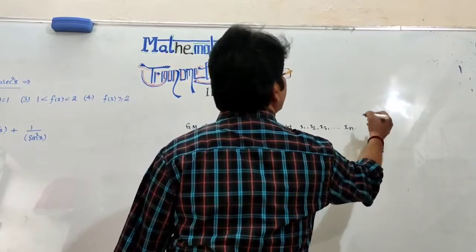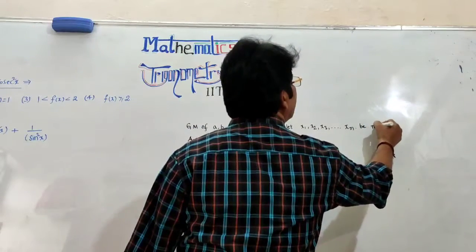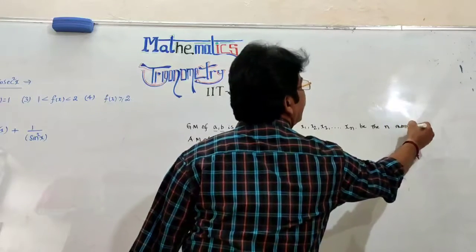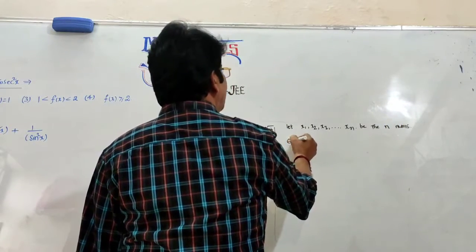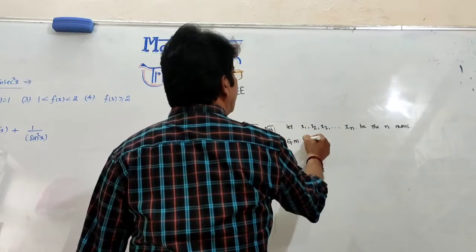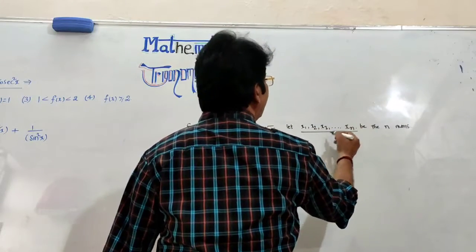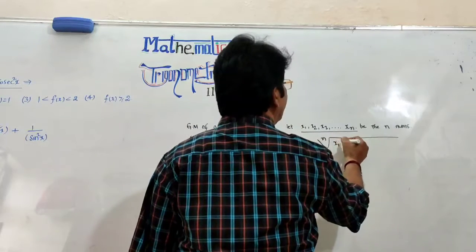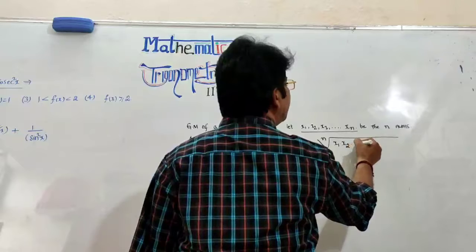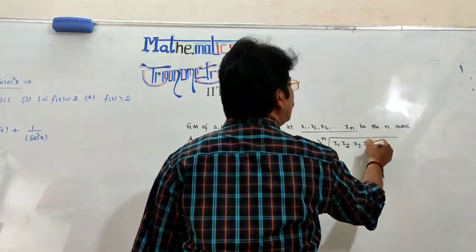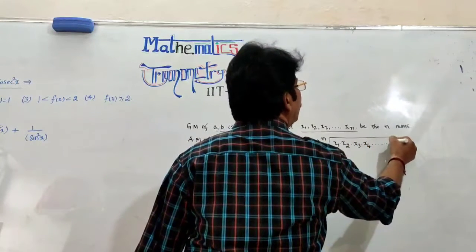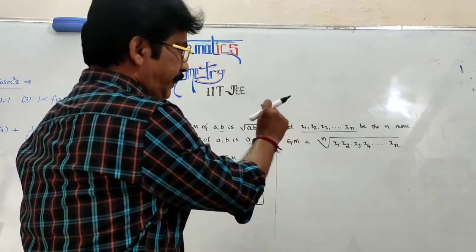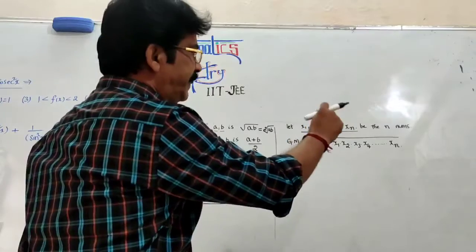Let these be the n numbers. Then what is the geometric mean? Geometric mean means how many are there? N. So it is the nth root of the multiplication, means the product, x1 into x2 into x3 into x4 into xn. Means the product of all numbers whole to the power of 1 by n.